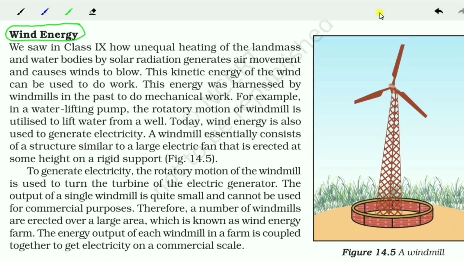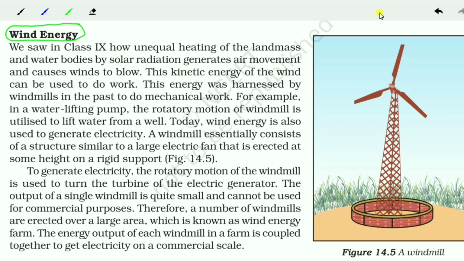So this wind energy is an example of conventional sources of energy. From ancient ages we are using this energy. At that time we used this energy only for grinding the grains and pulling the water from the wells.